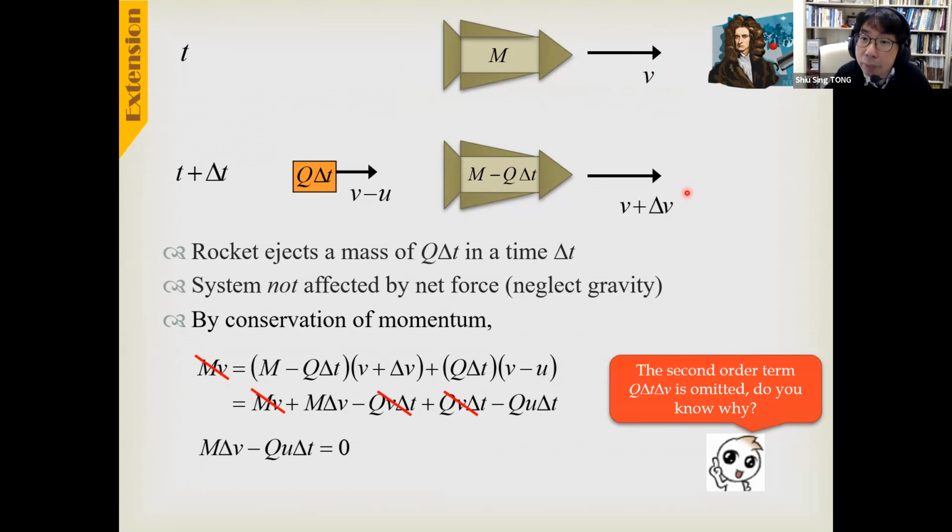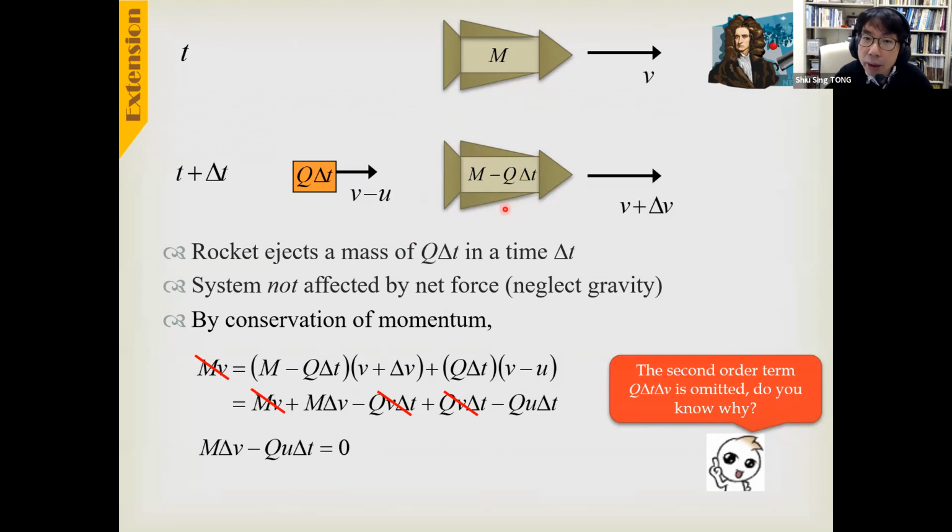The final momentum is more complicated. It consists of the momentum of the rocket together with the momentum of the fuel ejected in that small time interval. Okay, because we always refer to this confined system. The confined system consists of the rocket and the fuel that is ejected in a small time interval.